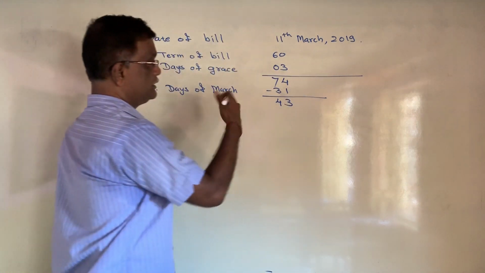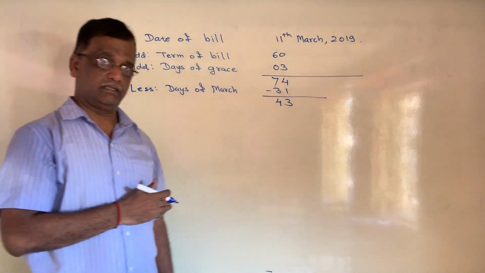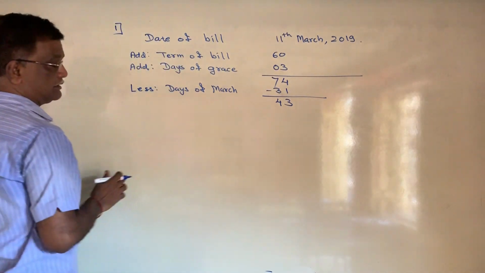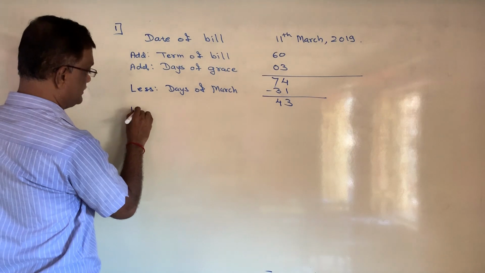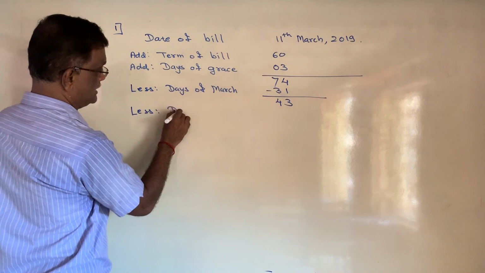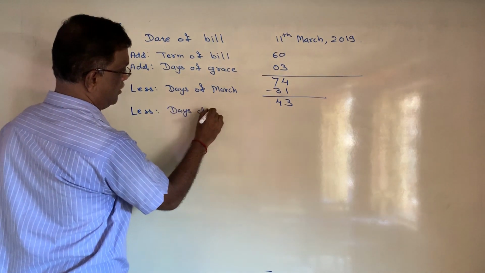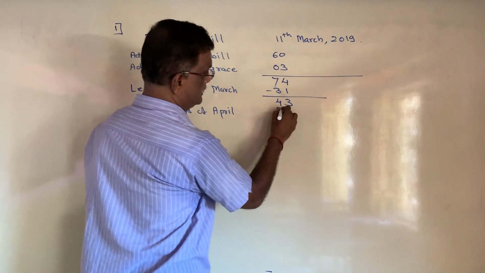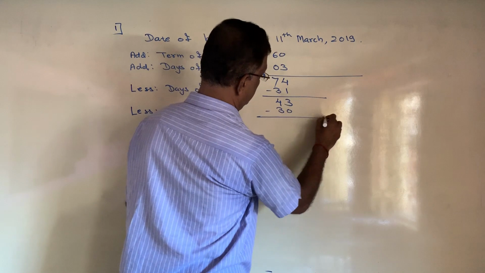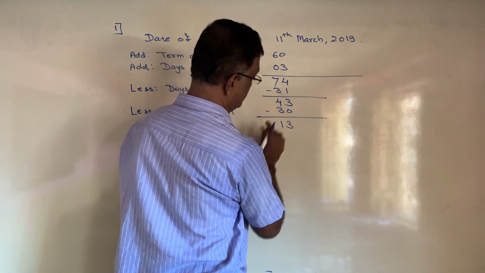From this, you deduct the next month's days, that is April. In April there are 30 days in total. Deduct the days of April. Again, write here less days of April, 30 days in all. How much left? Just 13.